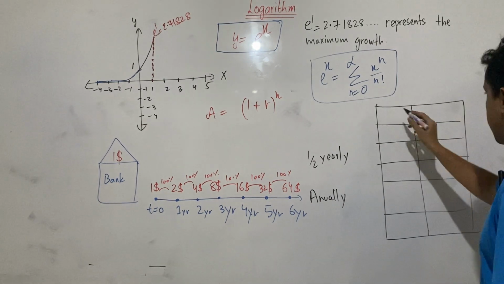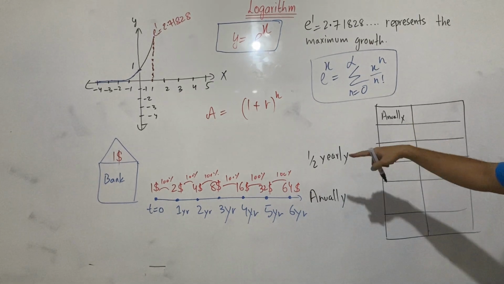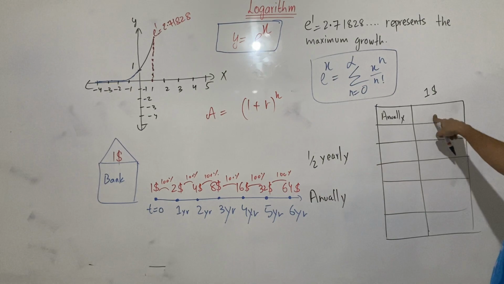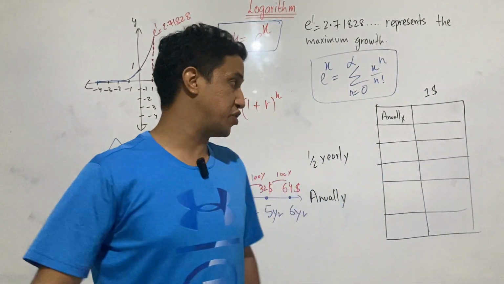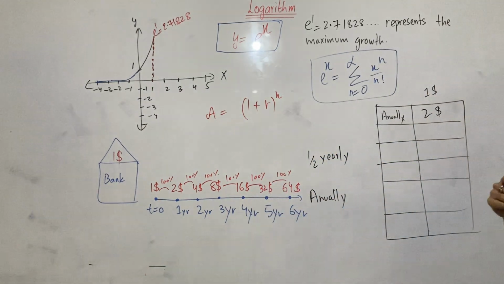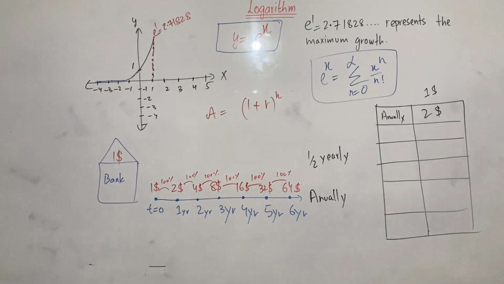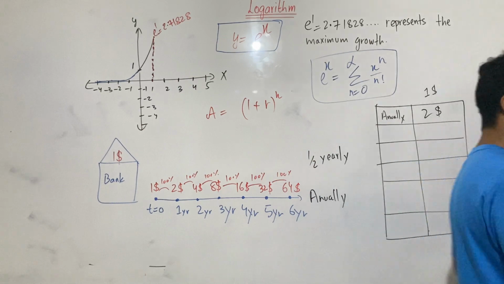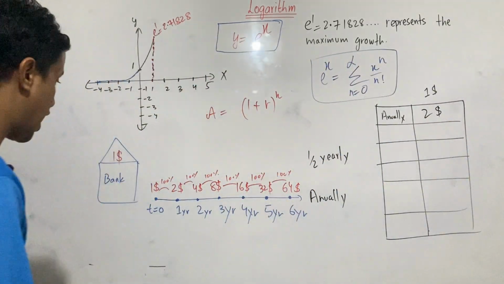This is your annual 100%. Because you put in $1, with 100% return after a year, you will get $2. I hope it made sense. Now the bank said we can compound it half yearly. Now see what would happen.